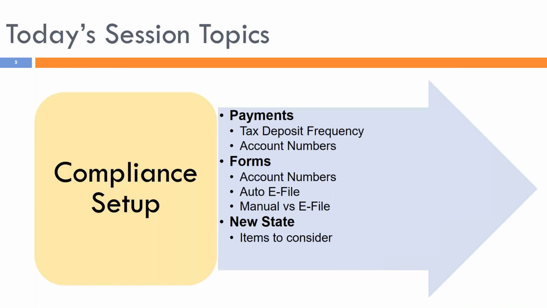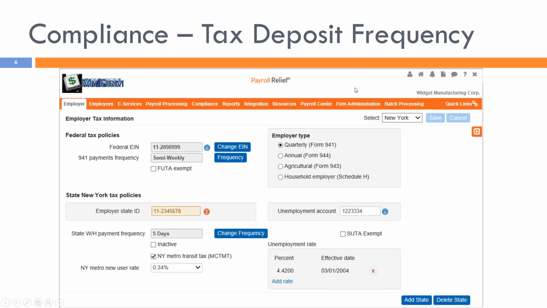So for the first part of today's session, we're going to talk about compliance setup, and that's going to consist of tax deposit frequency, account numbers, forms, auto e-filing, manual versus e-filing, new states, and items to consider. To start off with, tax payments are scheduled based on an employer's tax deposit frequency, which is issued by your taxing authority.